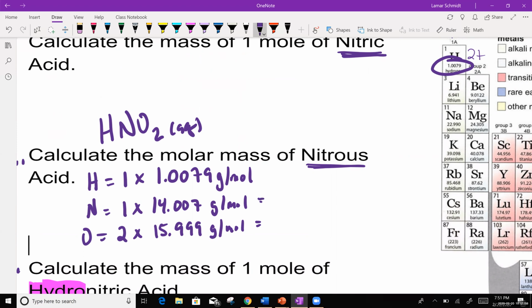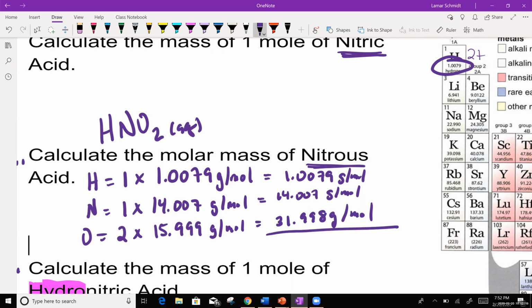When you multiply these out, you're going to get 1.0079 grams per mole, 14.007 grams per mole, and 31.998 grams per mole. The next thing you have to do is simply add those up.